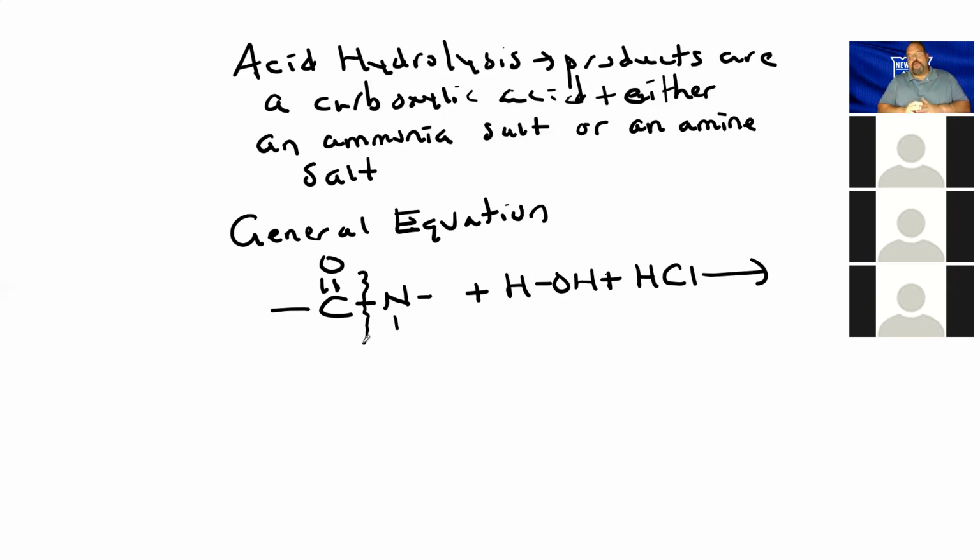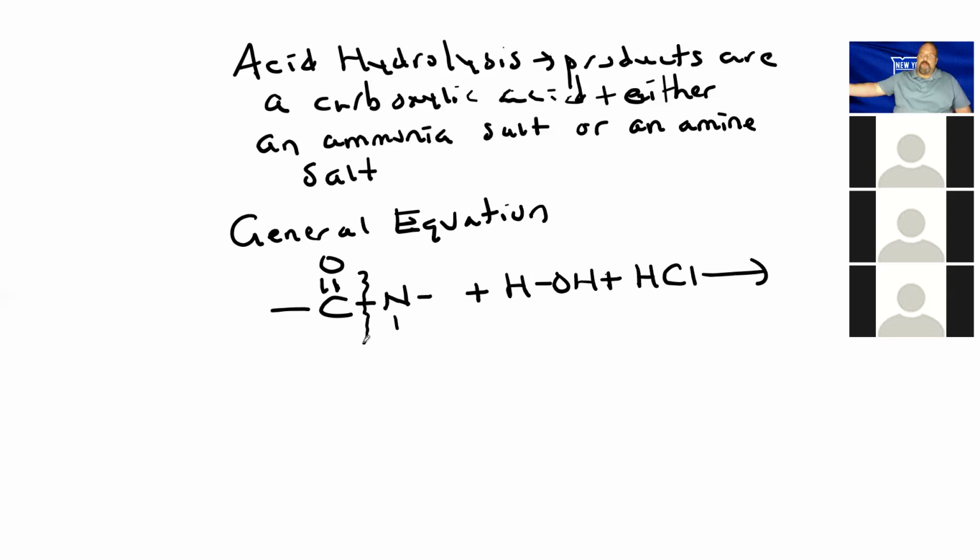For esters, we had to identify the carboxylic acid portion and the alcohol portion. For amides, we should be able to identify the carboxylic acid portion and what I'll call the nitrogen portion. I think it's a little bit easier because the C double bond O part and whatever else is attached to the C double bond O carbon has to be the carboxylic acid portion.